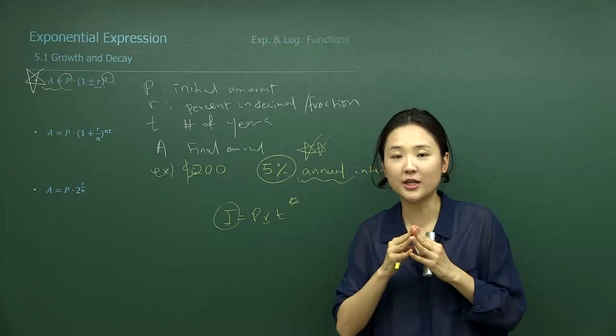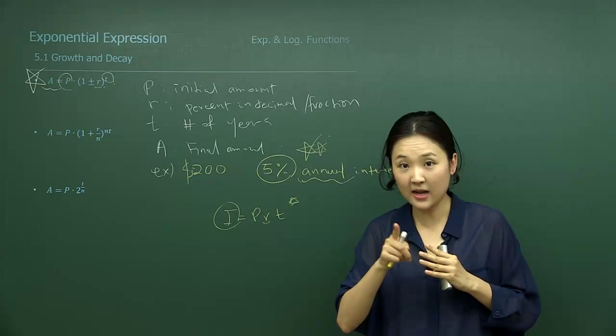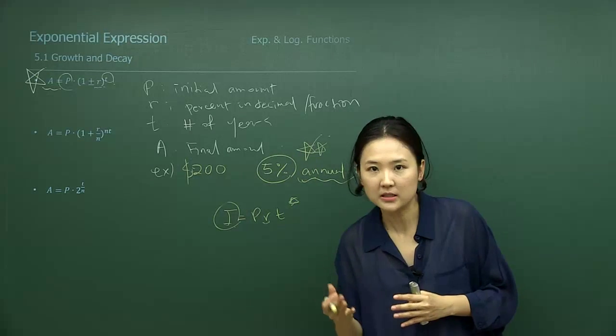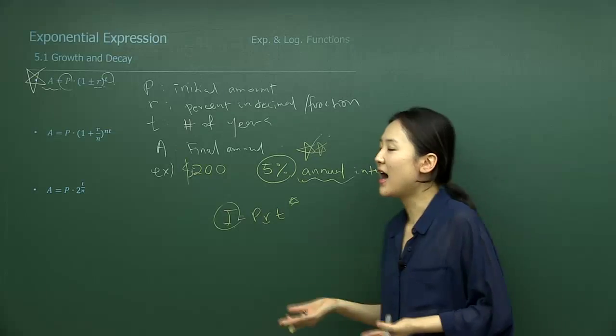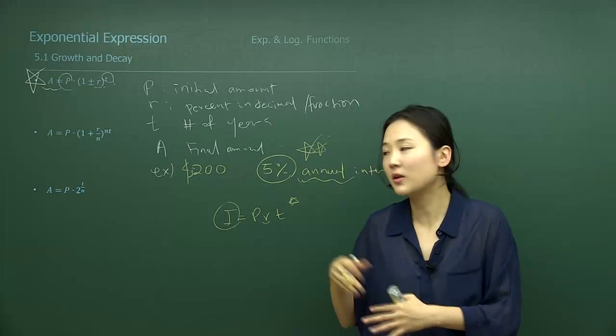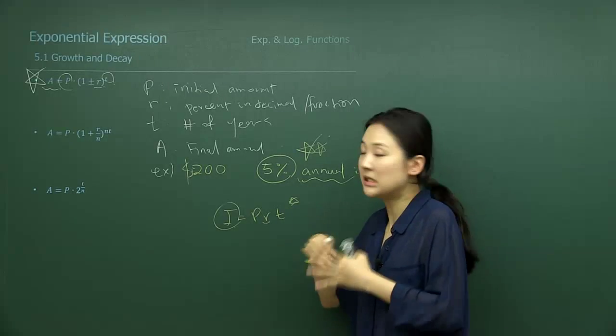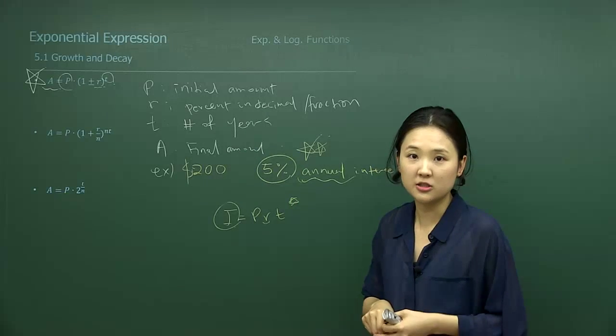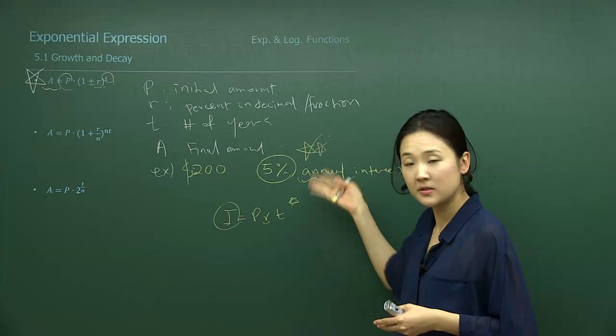So your 200 will increase, right? So when you get your second year's interest, you will be receiving 5% of the already increased amount. So technically, the rate keeps piling up. Hence, the formula changes. You see the difference?